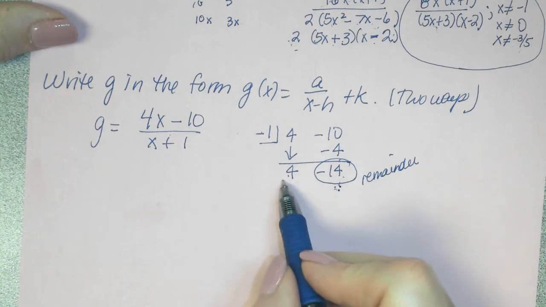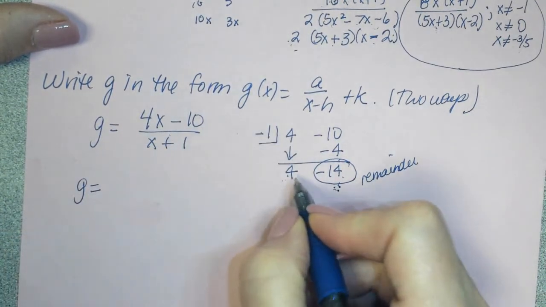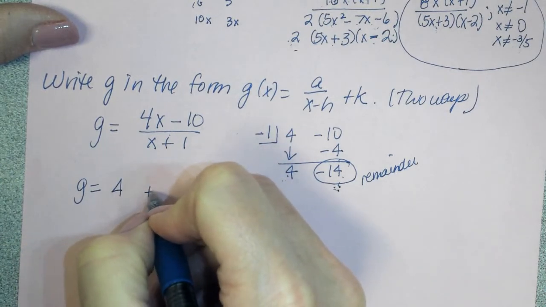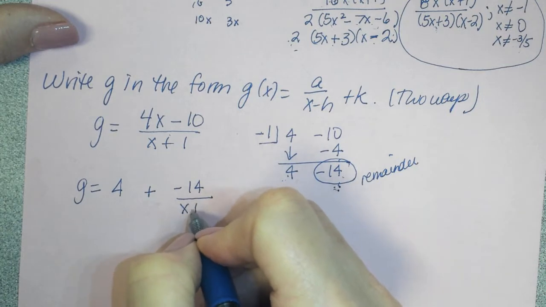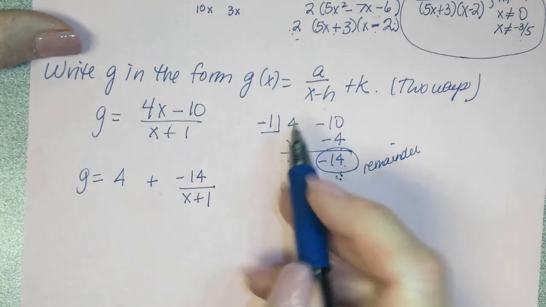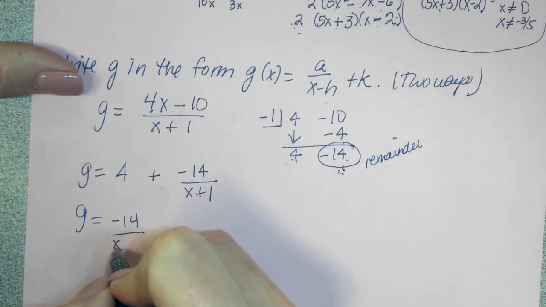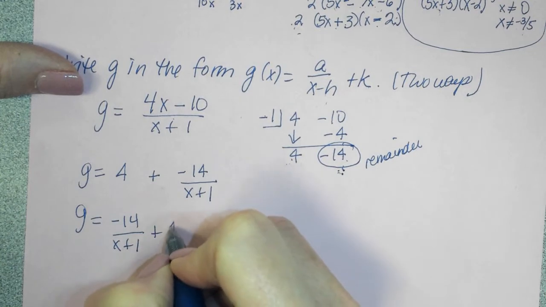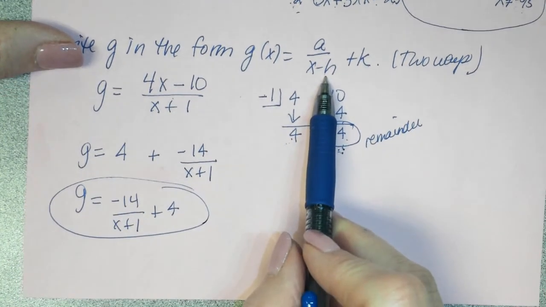So that means our answer to this, when we divide, is going to be G equals 4 plus negative 14 over x plus 1. Now, the way they want us to write it is like this. So it's really going to be G equals negative 14 over x plus 1 plus 4. Just to put it in the exact same form.